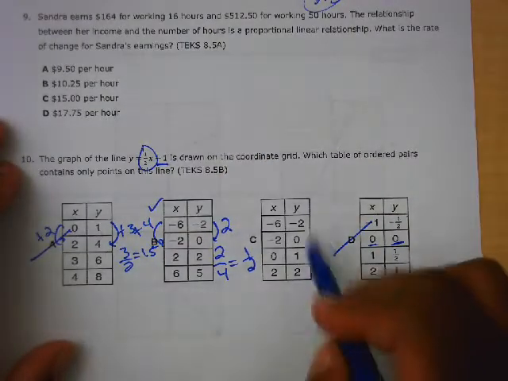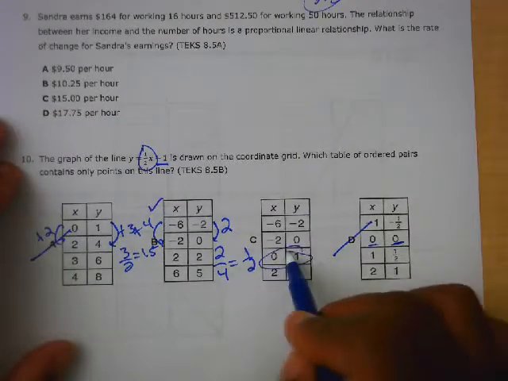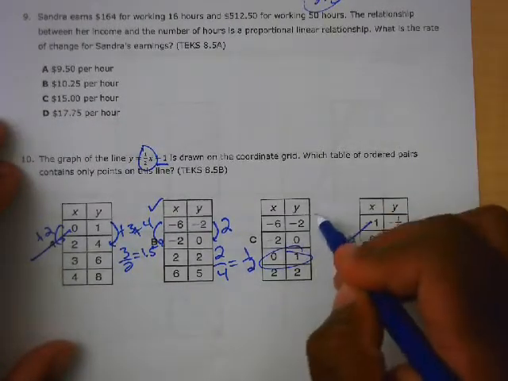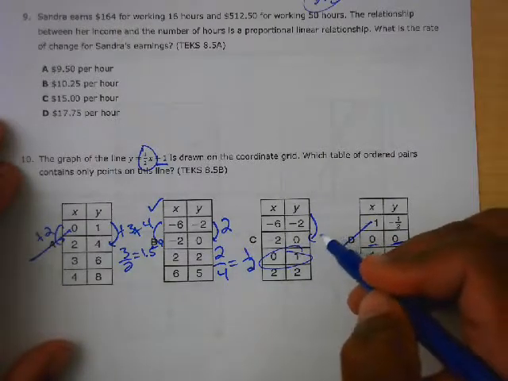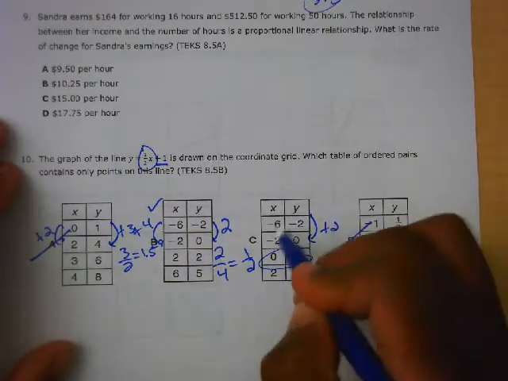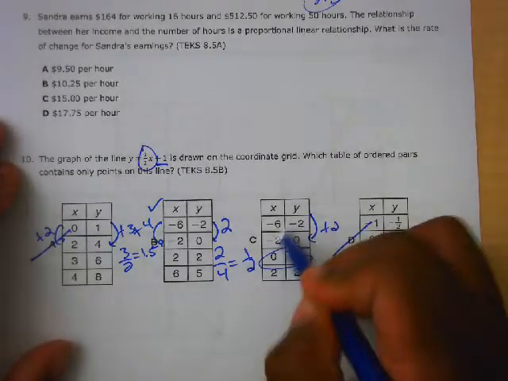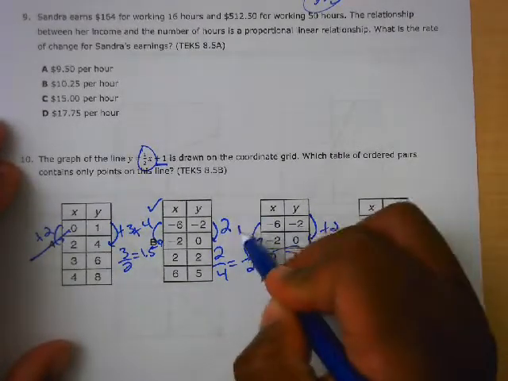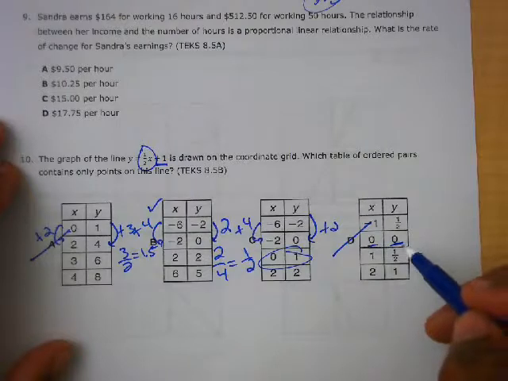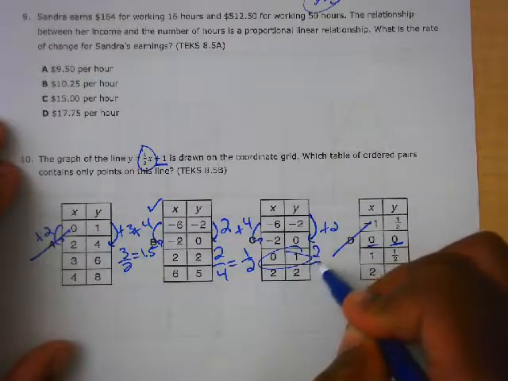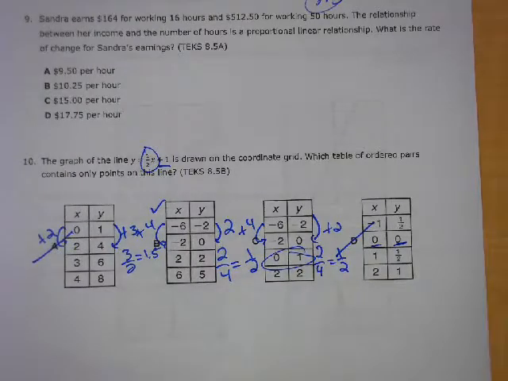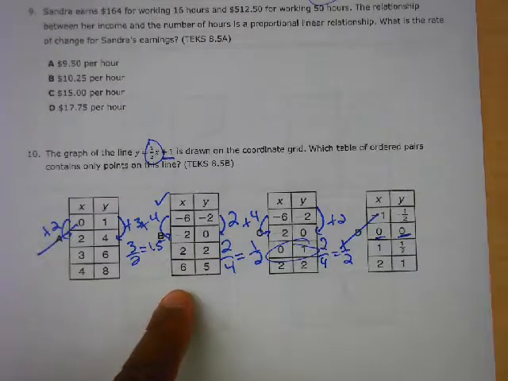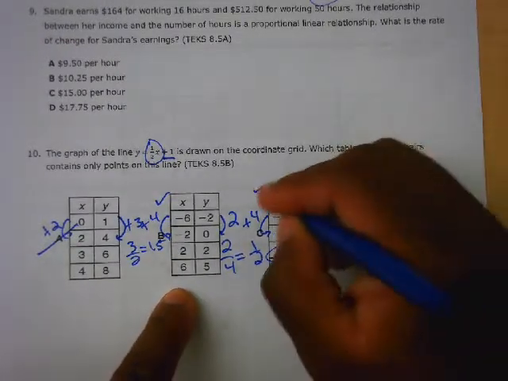Over here, we know for sure that this intercept is plus 1, but let's check the slope. From negative 2 to 0 is plus 2, and then from negative 6 to negative 2 is plus 4. So this is also 2 over 4, which is 1/2. So we have to ask ourselves, what's my answer? Well, we don't know the y-intercept on this one, so we can figure it out, because both of these could be my answer.